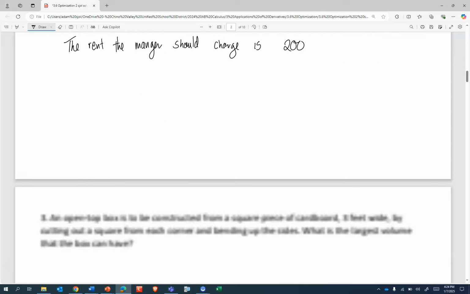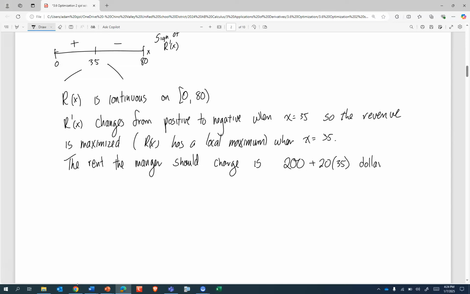So that's just going to be 200 plus 20 times 35. So 20 times 35, what is that, 700? We should do $900 overall. I hope that helps.